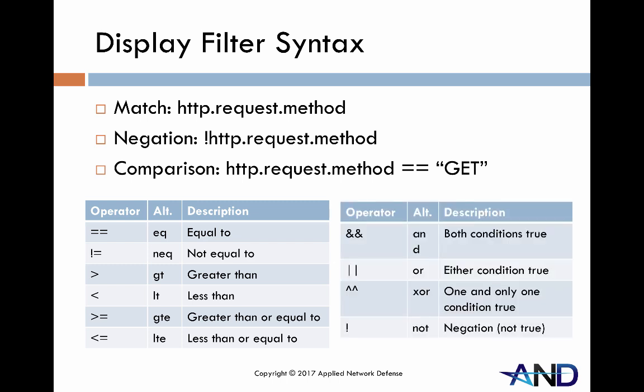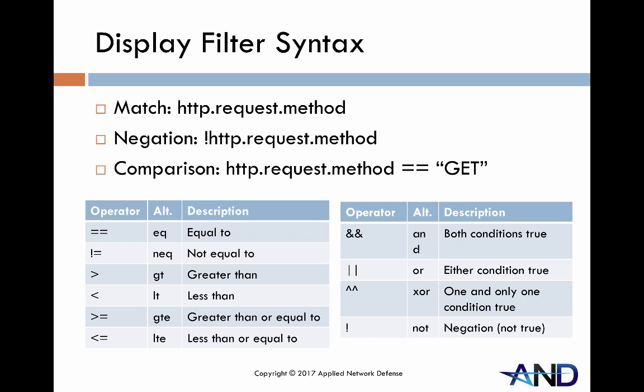Now, we also have the concatenation operators, and those are the ones you would expect as well, right? So we have and, or. An and would say that both conditions must be true, and or says that either condition should be true. But we also have a unique one here that we haven't looked at yet, and that's XOR. Identified by the two caret symbols or the up arrows there, and that basically says one and only one condition can be true.